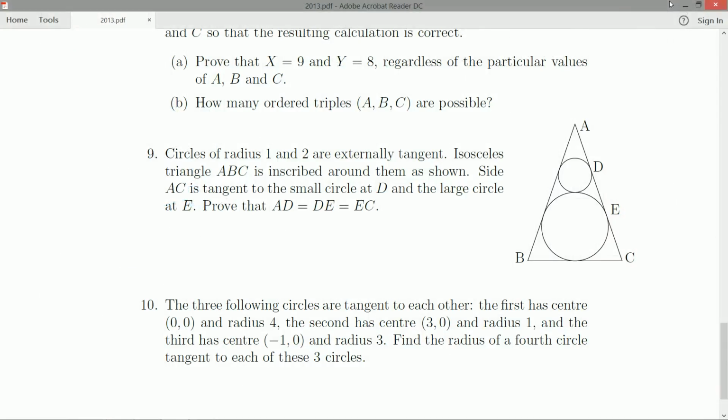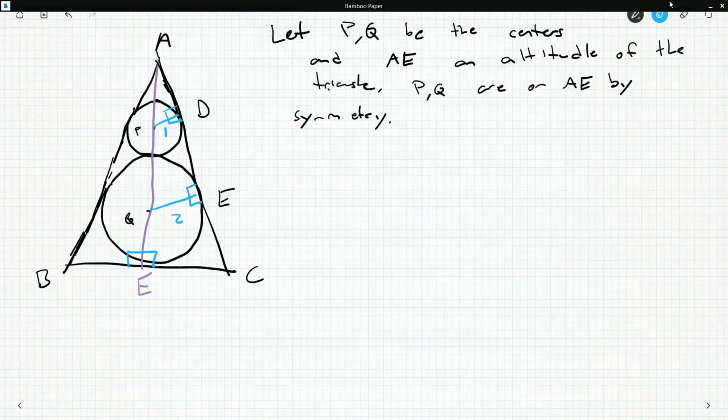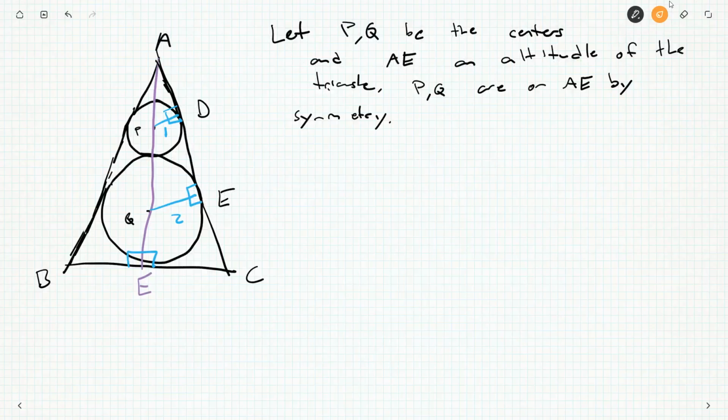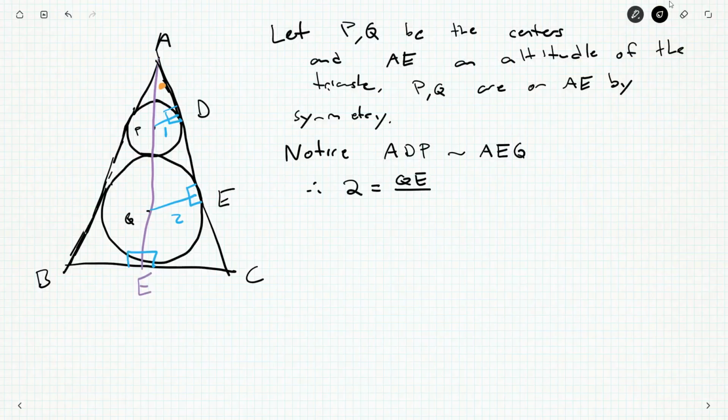So, we want to show AD equals DE equals EC. Noticing the 1 and the 2 here, we have a similar triangle right here, because we've got this common angle. So I might say, notice ADP is similar to AEQ. And that tells me that 2 is equal to QE over PD, because that's 2 over 1, the ratio of the radii.